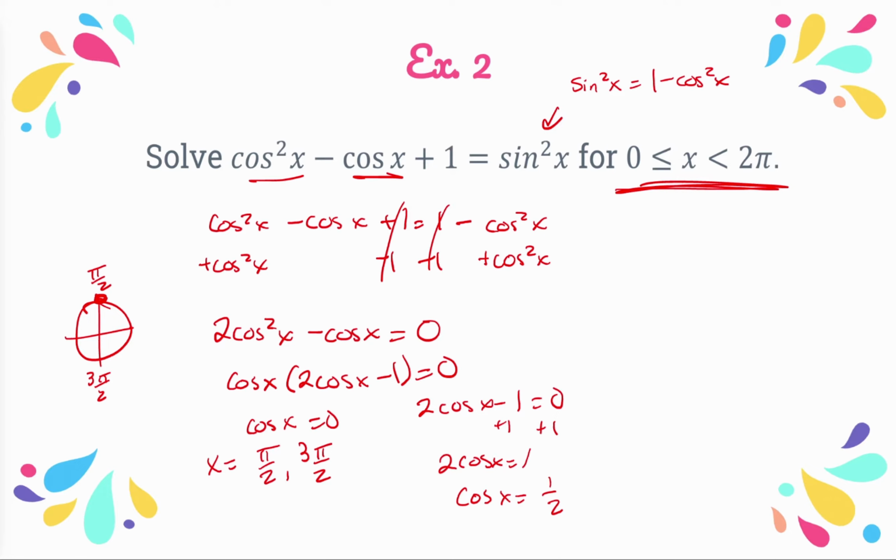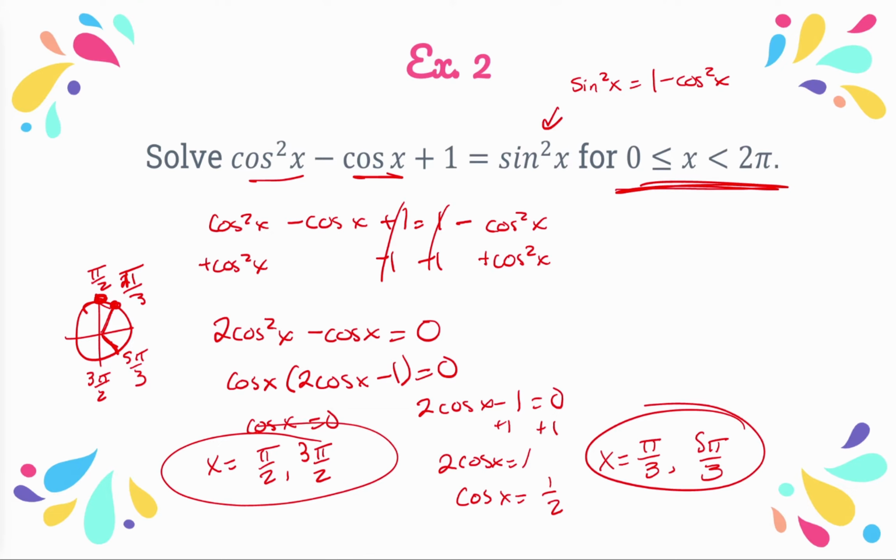Where does the cosine equal 1/2? At pi over 3. And then also in quadrant 4 at 5 pi over 3. So here x equals pi over 3 and 5 pi over 3. So we get 4 solutions.